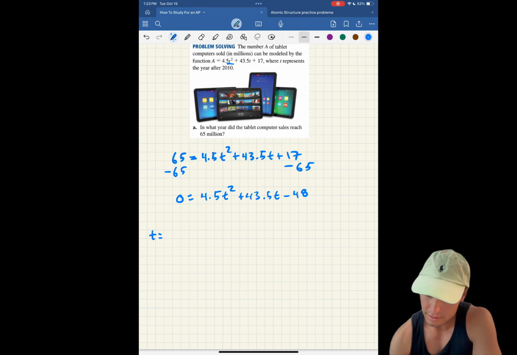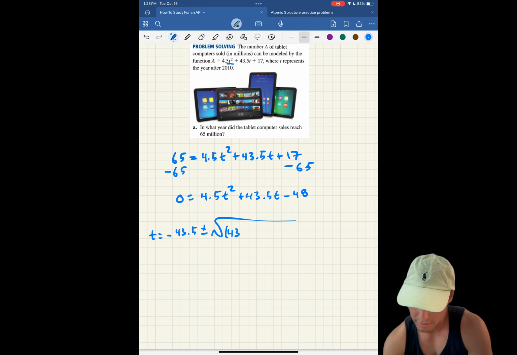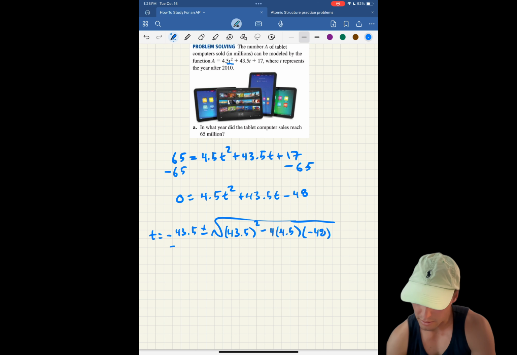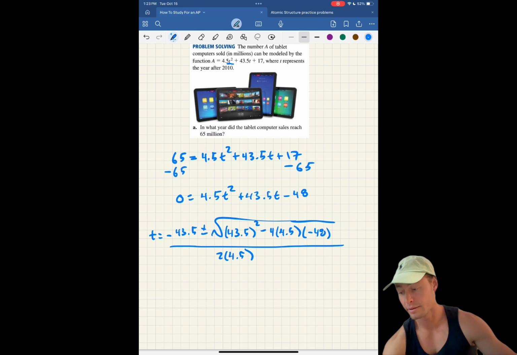So t equals negative 43.5 plus or minus the square root of 43.5 squared minus 4 times 4.5 times negative 48, all over 2 times 4.5. Boom. And from here you just use a calculator.